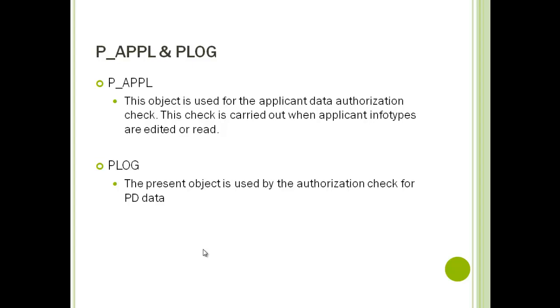PD data comes under personnel planning, and hence it is controlled with the info types 1000 to 1999. So PLOG has some authorization fields. Let's check into the authorization fields, then we will understand this better.